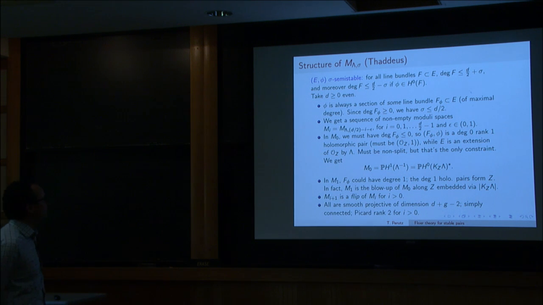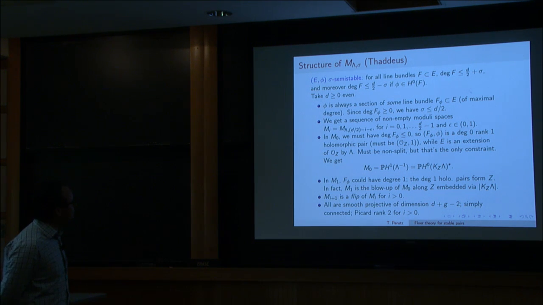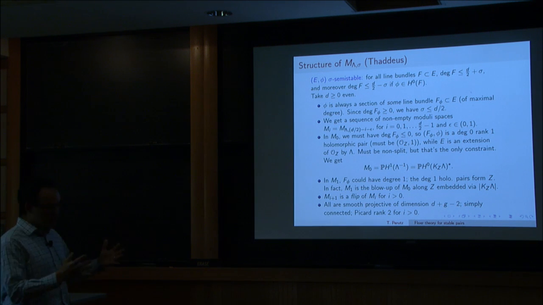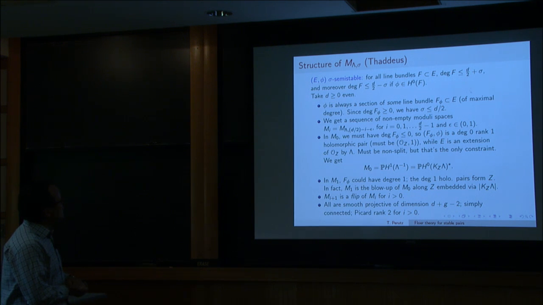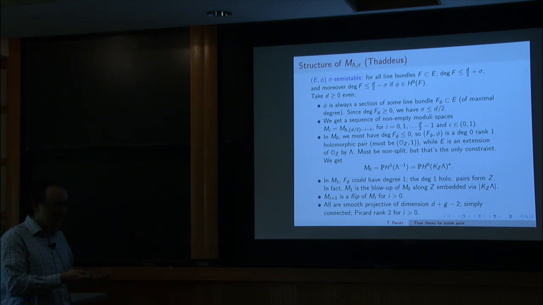Okay, so let's contemplate a sigma semi-stable pair. Now, it's not difficult to show that phi is always a section of some line bundle F sub phi contained in E. You can cook up such a thing fairly simply, and let's take it to have maximal degree.